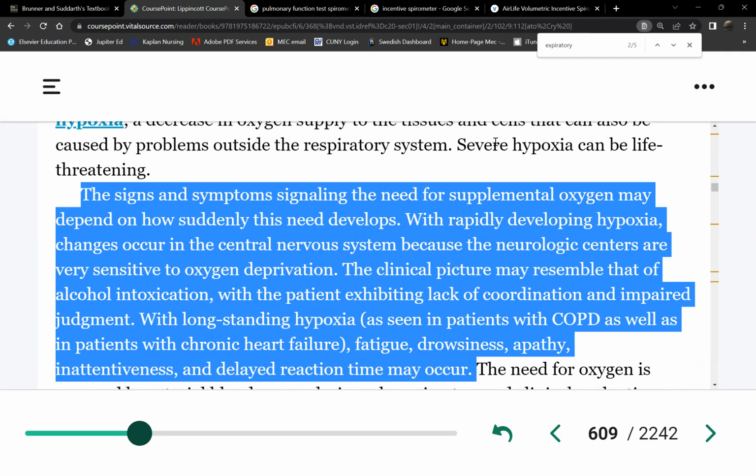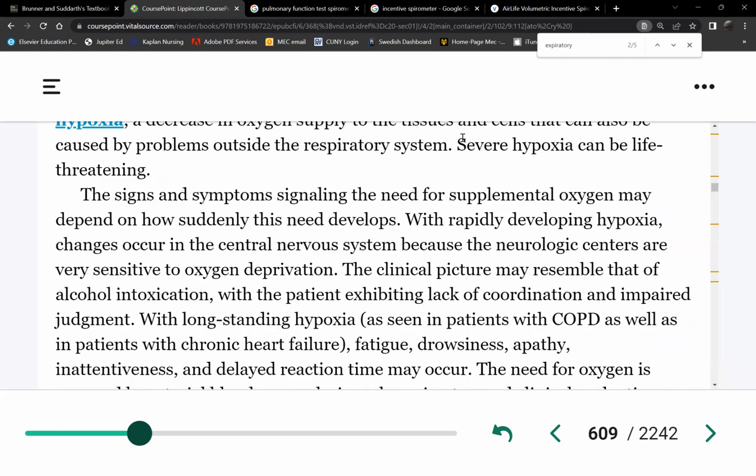What does the paragraph start with? Signs and symptoms that need supplies of oxygen. So therefore, is this day-to-day? Read the entire paragraph.